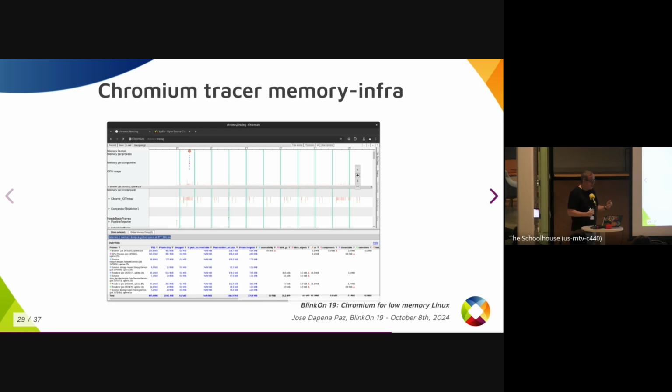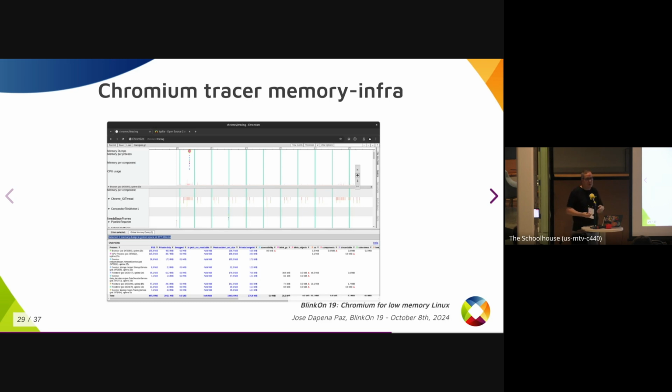And it also allows to define some responsibility or ownership of that memory, because we have memory that is accounted in the render process, but also in the browser process or even in the GPU process. And you want to actually make those memories be accounted only once.